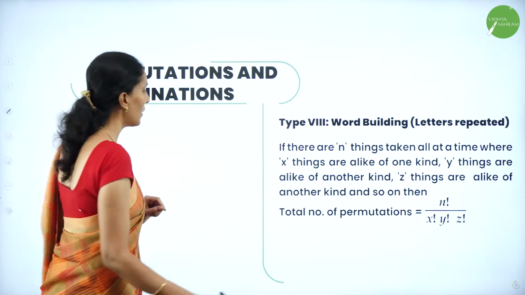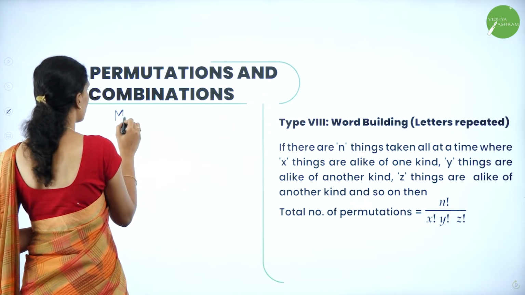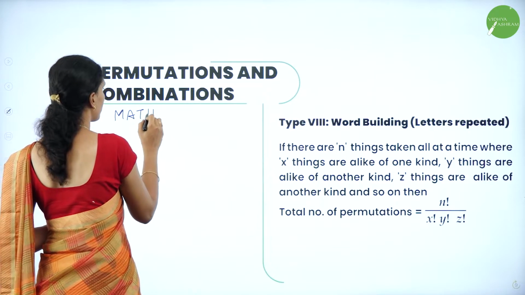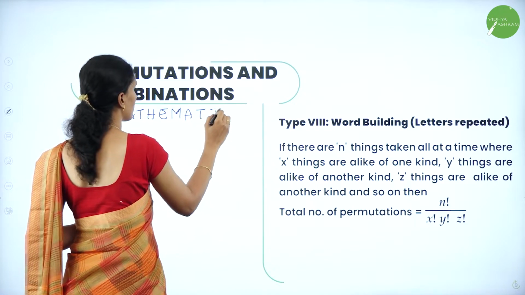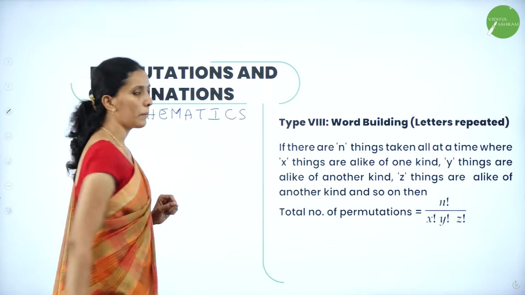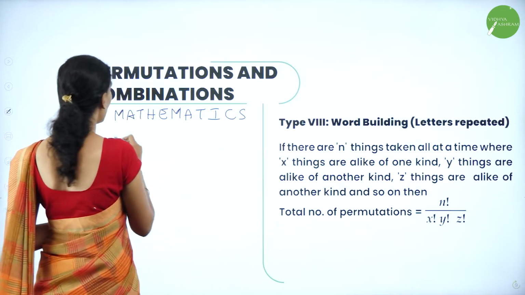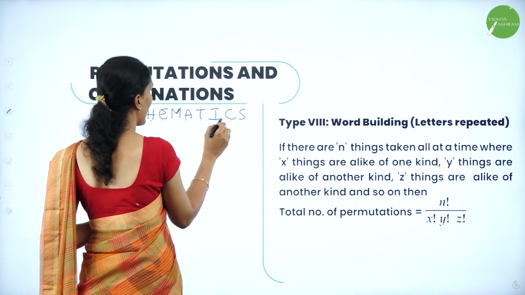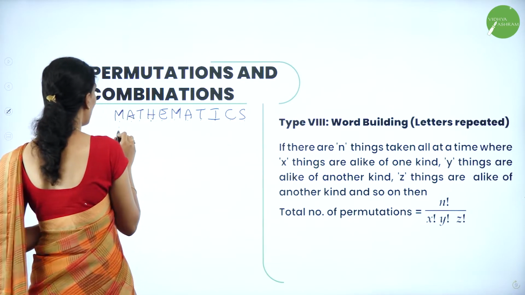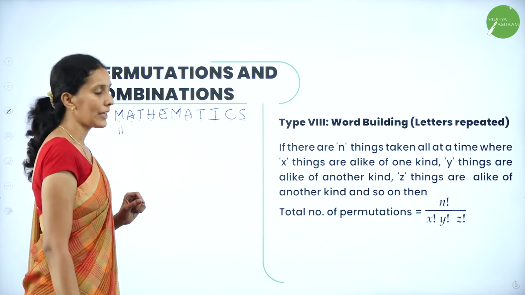Look here, the word MATHEMATICS. How many letters do we have? 1, 2, 3, 4, 5, 6, 7, 8, 9, 10, 11. So we have 11 letters in that.